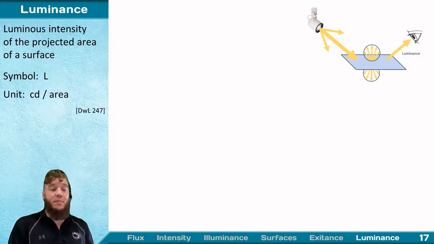Okay, our last important photometric quantity is luminance. When we're talking about luminance, we're talking about the luminous intensity of the projected area of a surface. We'll break that down in just a moment. But the point here is that it's a quantity of light leaving a surface in a particular direction.